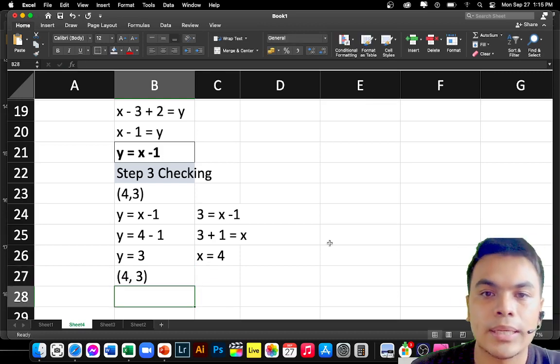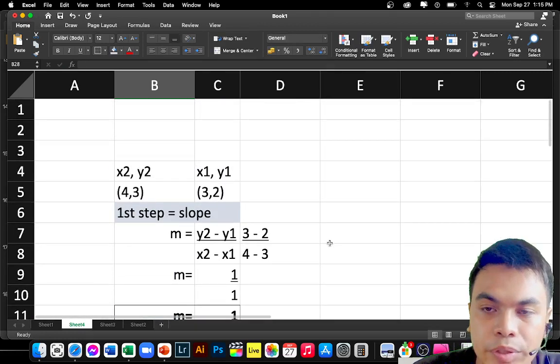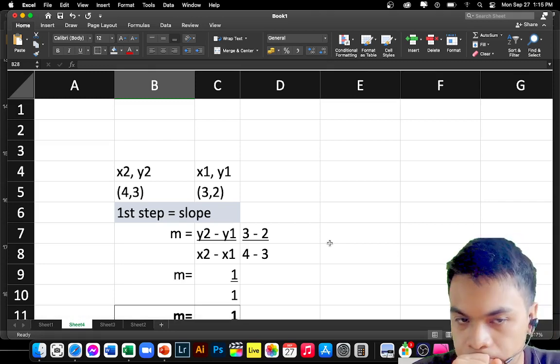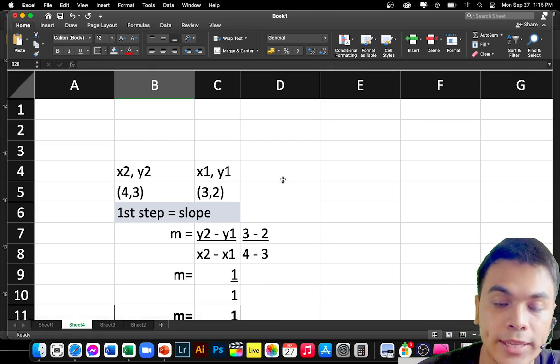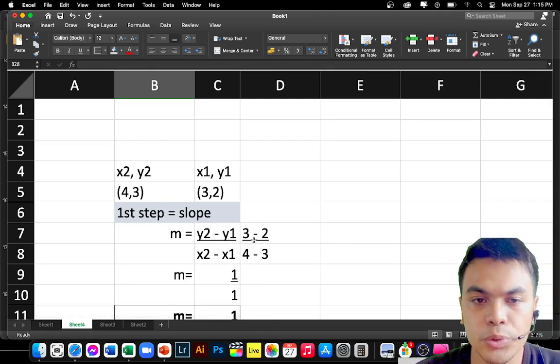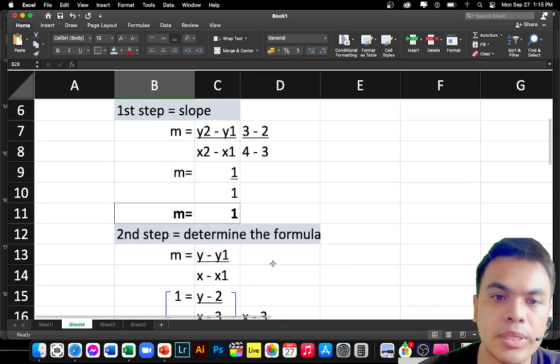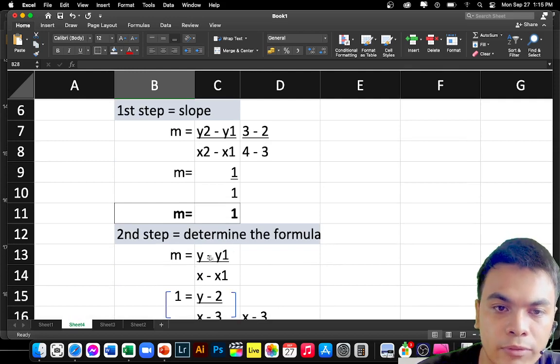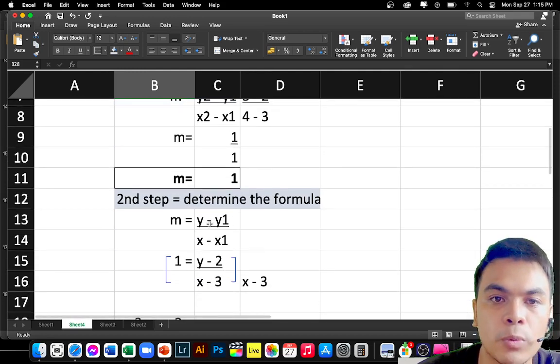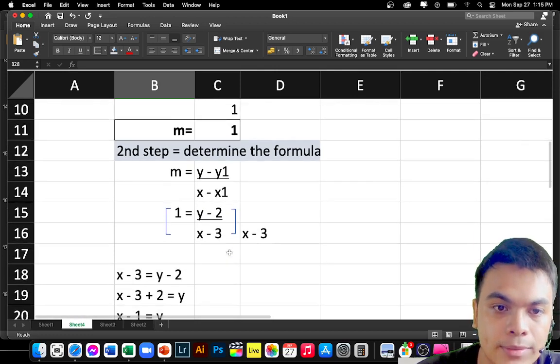Okay, so recap tayo. We have 3 steps in determining the equation. First, we identify the slope using the slope formula, delta y over delta x. Second, we determine the formula using the same formula with the slope, but we change the y2 and x2 into just y and x.